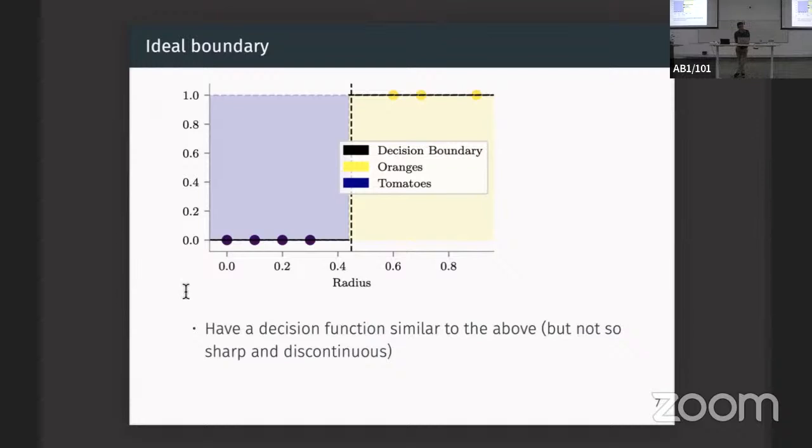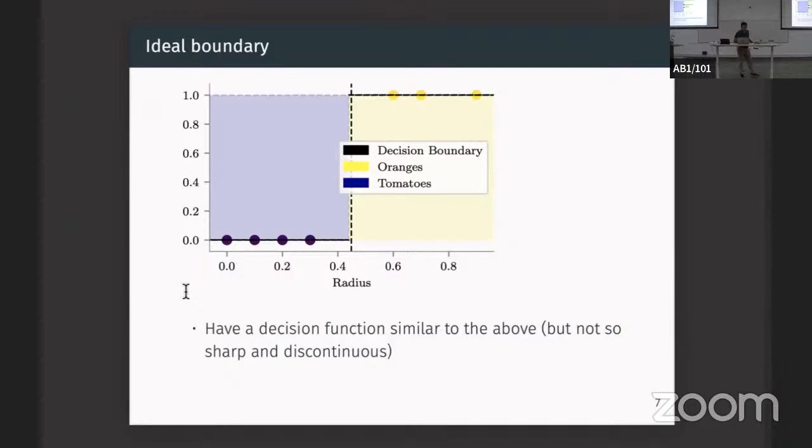Yes, that's a more appropriate answer, because we want smooth functions, we want convex functions in machine learning so that they're differentiable and we can compute various mathematical properties. Otherwise this is a very nice function. In fact, in things like decision trees, we would end up creating a function like this.